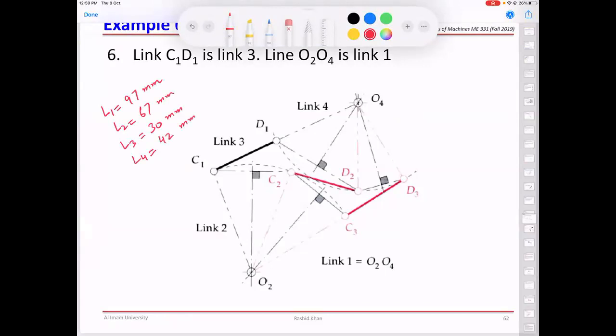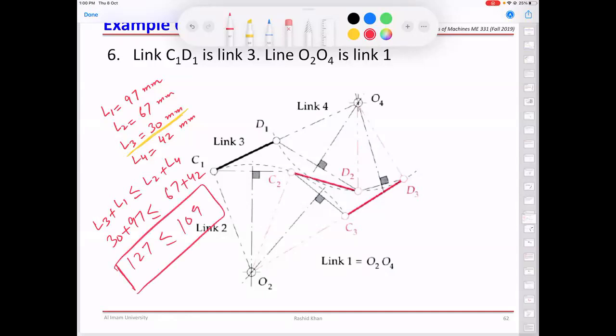So the minimum is 30, right? Which is the coupler. Okay. So coupler is the minimum length. So L3 maximum is L1, less than or equal to L2 plus L4, and L3 is 30 plus L1 97, and it should be 67 plus 42. So this is 127, and this is 109, right?